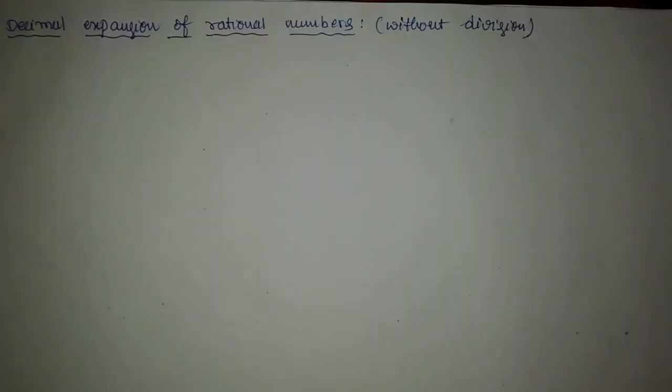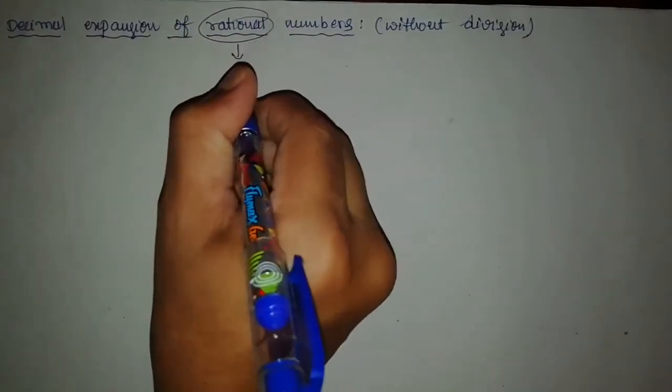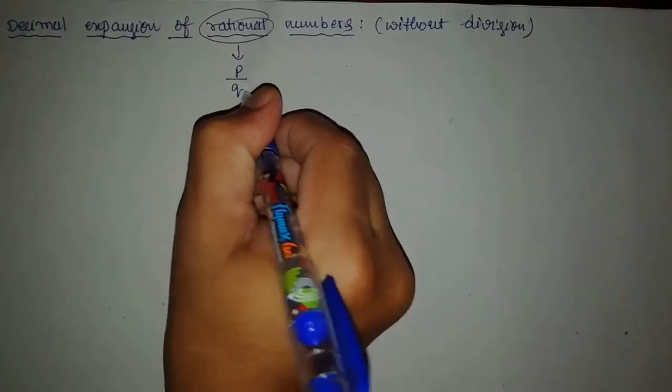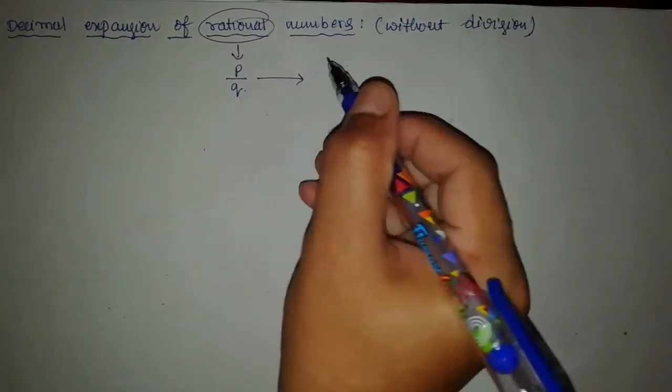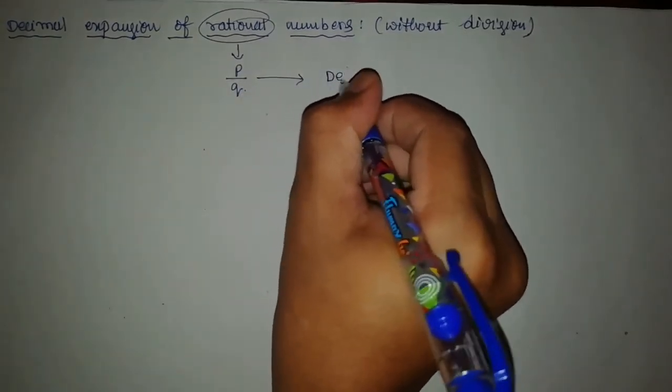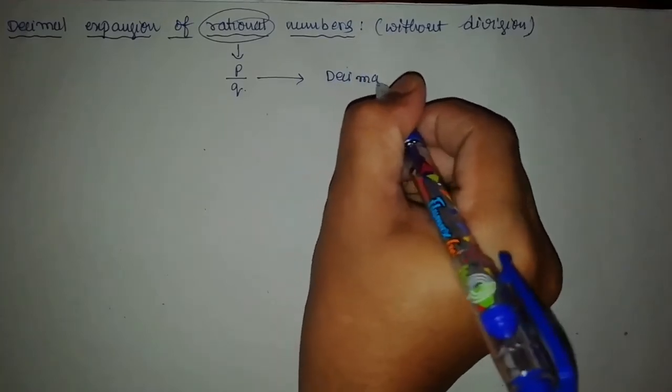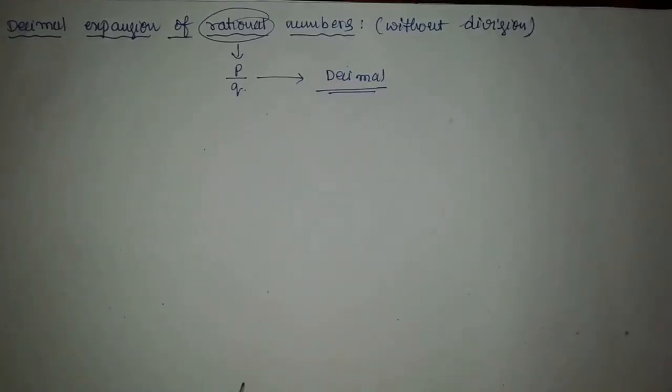So the last topic of this chapter is decimal expansion of rational numbers. Now I think you know what rational numbers are. Rational numbers are in the format of p by q. But you can express this number, which is in the form of p by q, in decimal format also. So what will be the decimal format of a rational number?